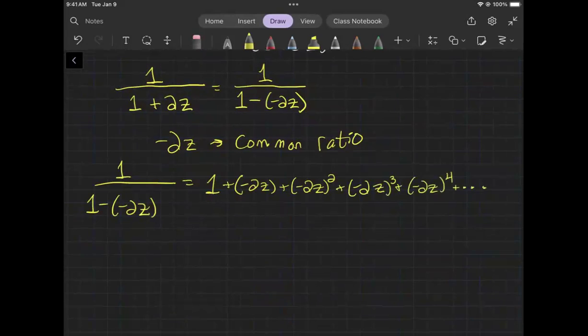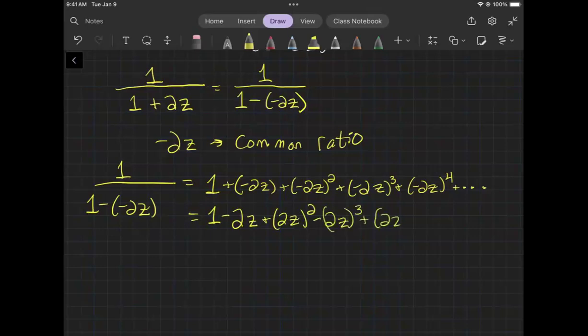That's what it looks like term by term. So this equals 1 minus 2z plus 2z squared minus 2z cubed plus 2z to the fourth, minus so on, right?